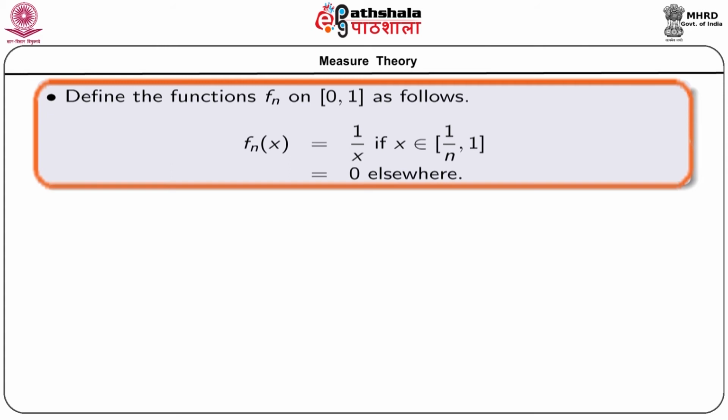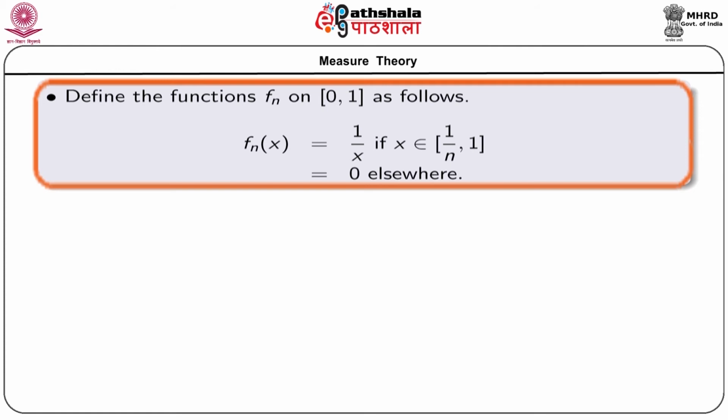So, here also we have examples of sequences of functions which are Lebesgue integrable, but their limit functions are not Lebesgue integrable, or the integral of the limit function is not equal to the limit of the integrals of the sequence f_n. So, we start with one example.